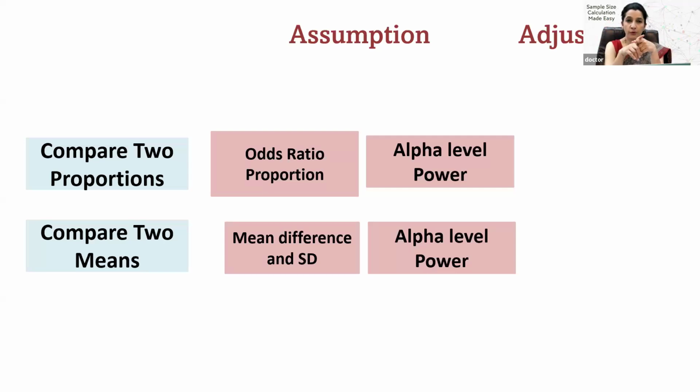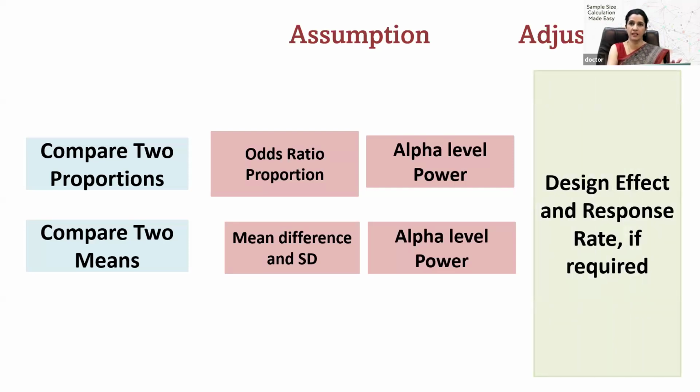For a proportion, you should have the odds ratio, taking the other category as reference. For a continuous outcome, you should have a mean difference and the pooled standard deviation. And adjustment you can do in the form of a design effect.